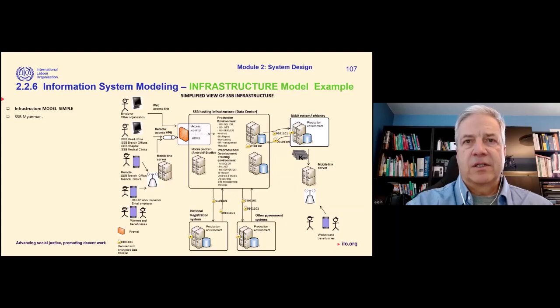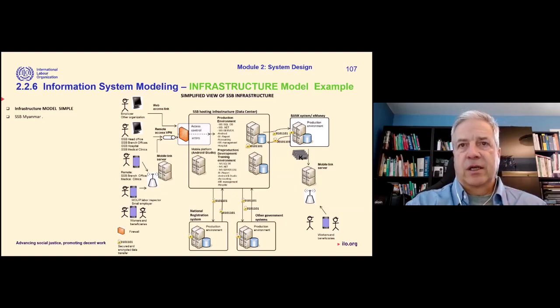So here we have this example we've seen earlier. In this case, it's an illustration of the Social Security Board infrastructure. We can see they are using mobile technology. When you do mobile, you're providing a level of complexity you don't see.